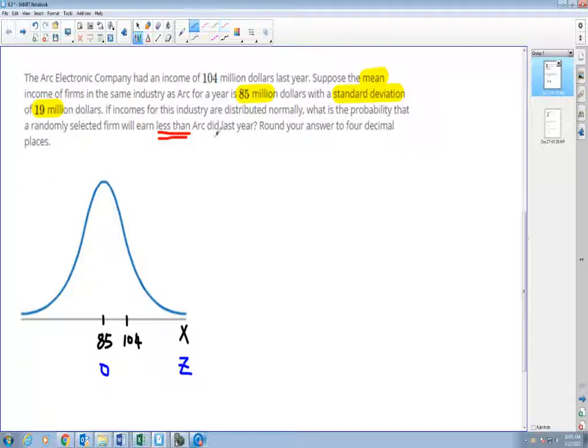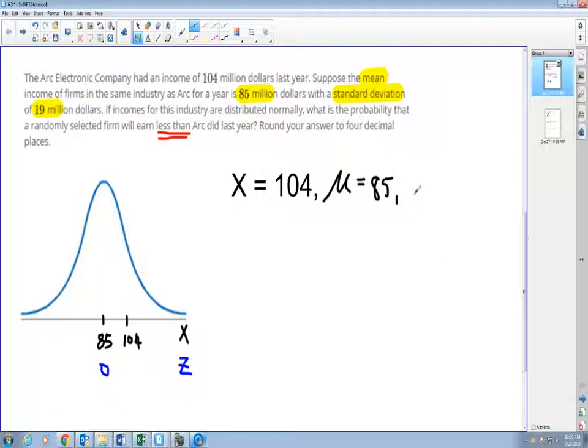My random variable x is $104 million, with my mean for the industry of 85.